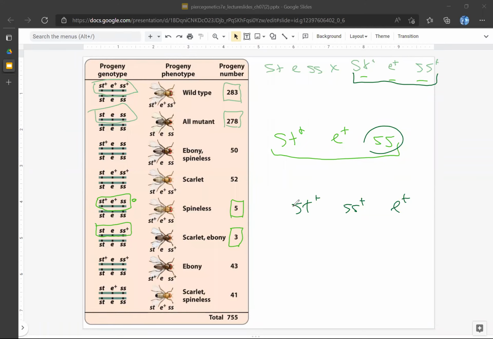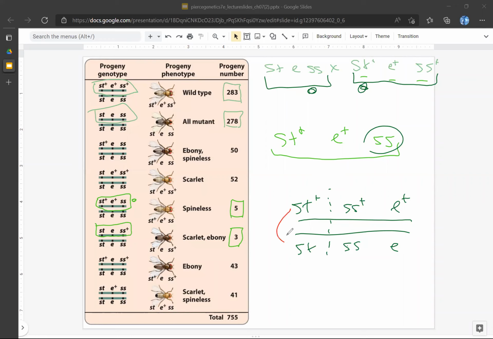And this crossed over with our other parental genotype, because this individual parent crossed with this individual parent. So we had ST, SS, and E. And what happened is that at this locus between the SS gene and the ST gene, there was crossing over that took place.